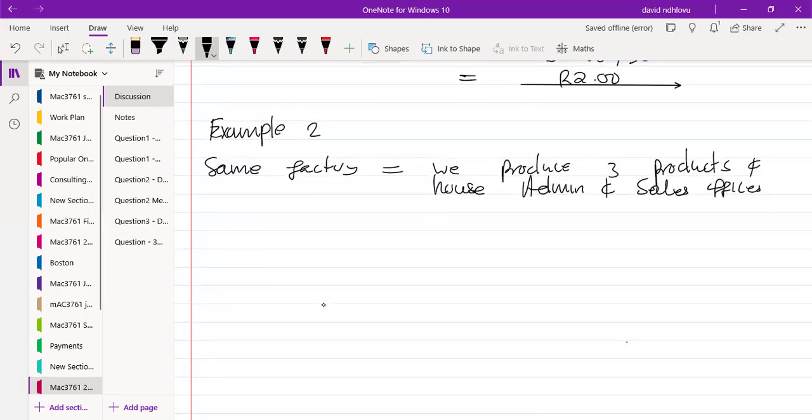In this instance, we are saying our rent is still the same amount of 100,000, but we have got a small problem in this instance.